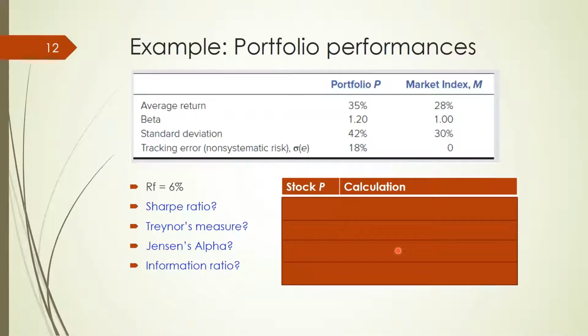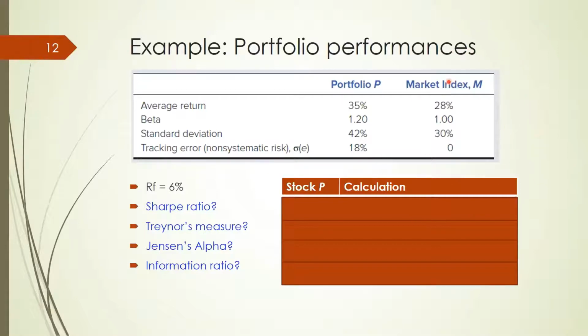Let's look at this example that applies the four measures in this calculation. Our portfolio P has an average return of 35%, beta 1.2, standard deviation 42%, and tracking error, which is another way to call the non-systematic or diversifiable risk, sigma E, of 18%.